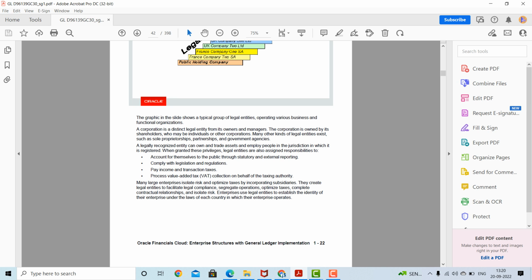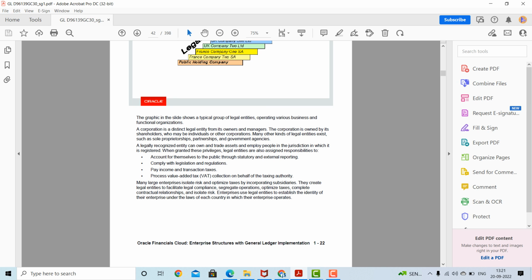Many large enterprises isolate risk and optimize taxes by incorporating subsidiaries. They create legal entities to facilitate legal compliance, segregate operations, optimize taxes, complete contractual relationships, and isolate risk.